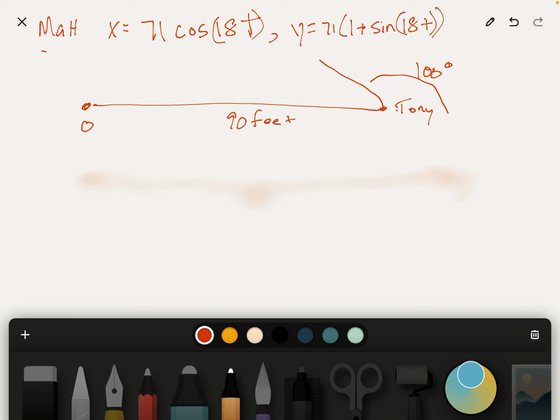Okay, so I've written down the parametric equations for Matthew's position. Let's talk about the parametric equations for the position of the ball as a function of t. We're told that the ball's velocity is, I believe, 88 feet per second.